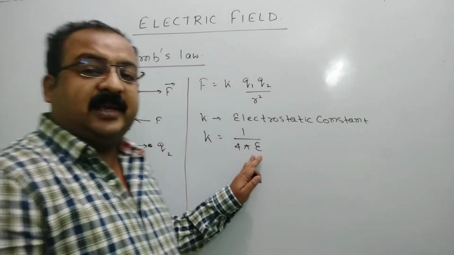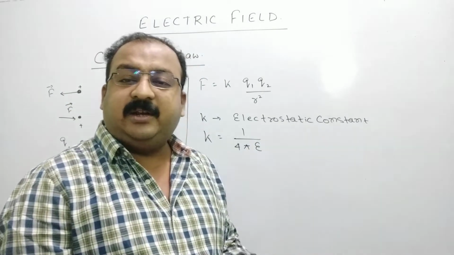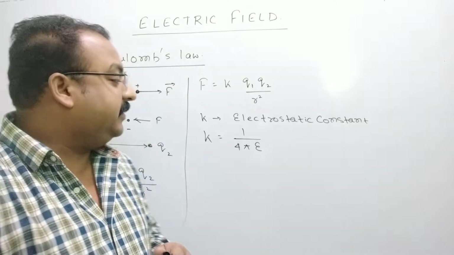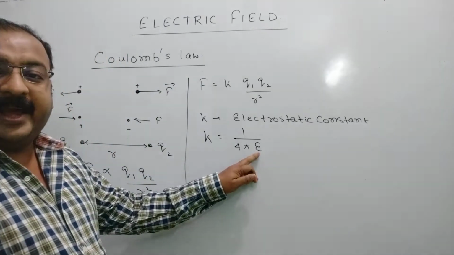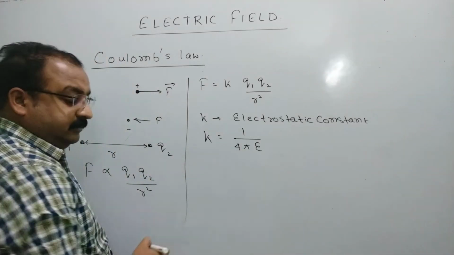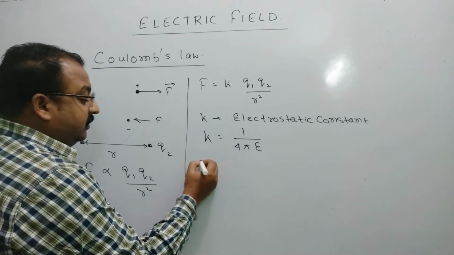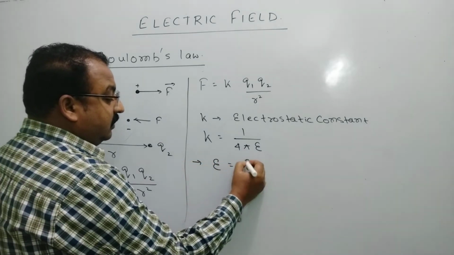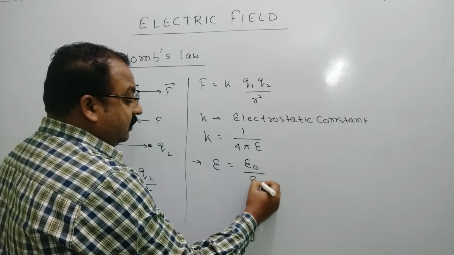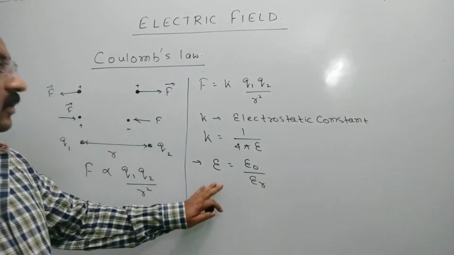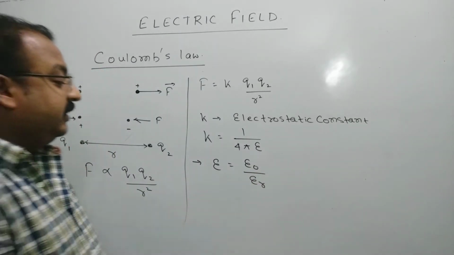This epsilon is basically the permittivity of space, the permittivity of a medium, we say. And it is also called relative permittivity.